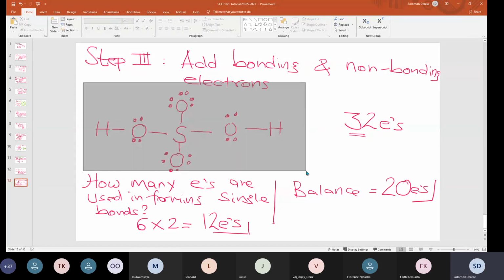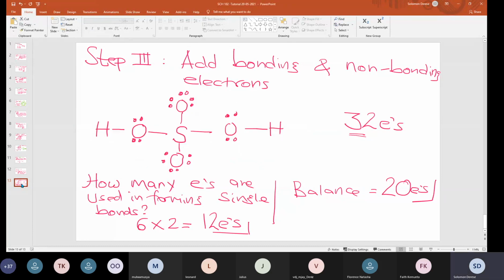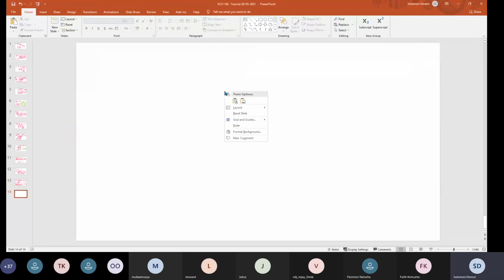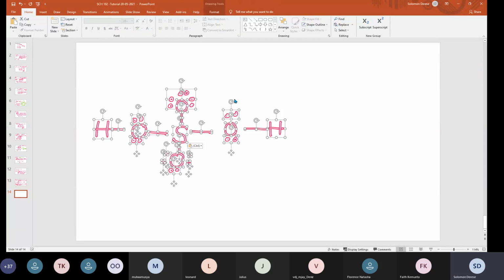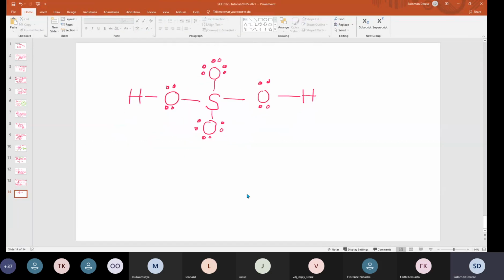Now, let us look at this. Let me copy it, take it to a new slide, and then we investigate what we have, because you have to make sure what you have drawn is a valid Lewis structure.